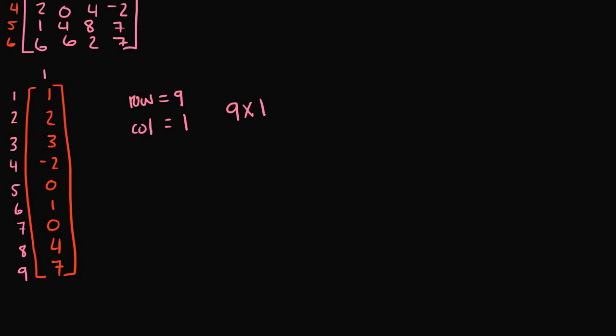And this is actually a special matrix, sometimes referred to as the column matrix, or even sometimes called the column vector. Column matrices or column vectors always have only one column, but they can have more than one row.